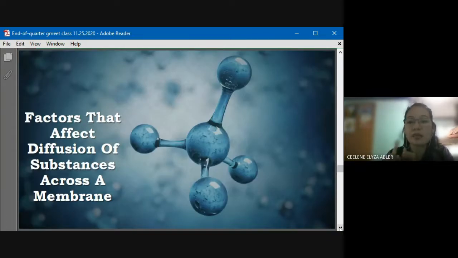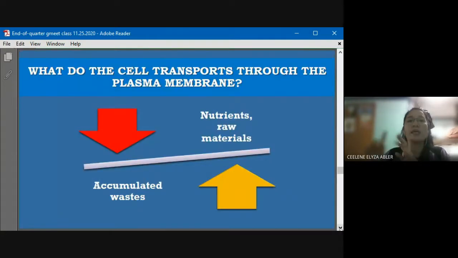So, meron tayong several factors that can affect the diffusion of substances across your membrane. So, ano yung pwedeng affect ng iyong diffusion of your substances? Portions like pwedeng papasukin the nutrients and the raw materials.